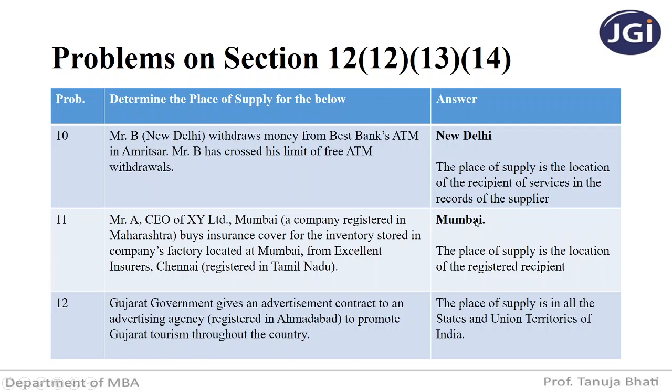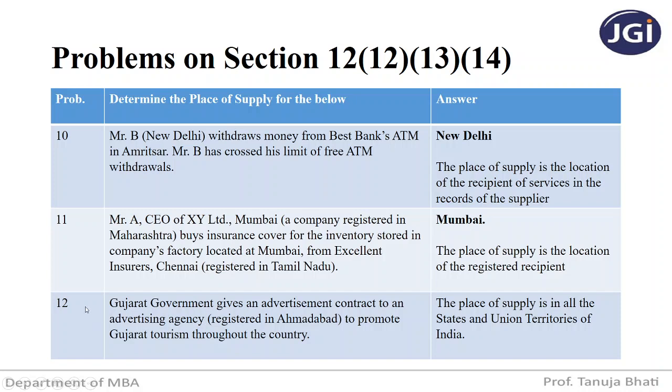The place of supply is Mumbai, because the place of supply is the location of the registered recipient. Because it is a B2B transaction, the location of such registered person, which is nothing but the location of the registered recipient, is Mumbai.